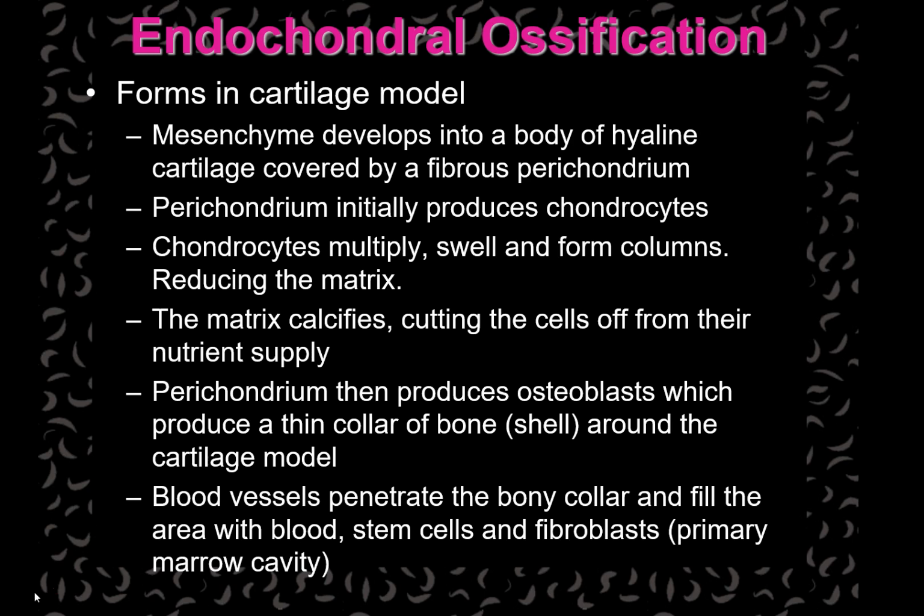And we just dump the makings for osteoblasts and osteoclasts. The clasts are going to clean up that calcified cartilage, and the blasts are going to replace it with osseous tissue. That's what they do.